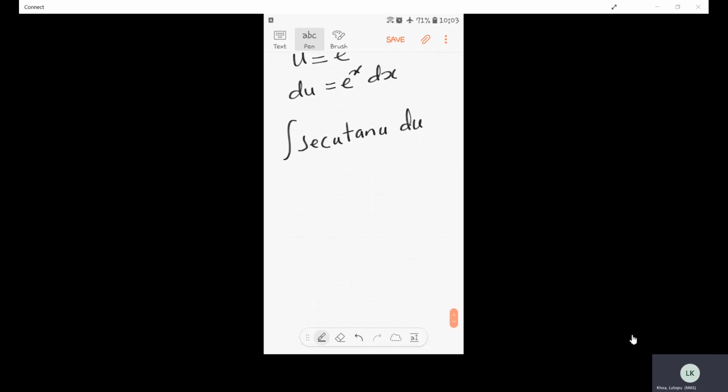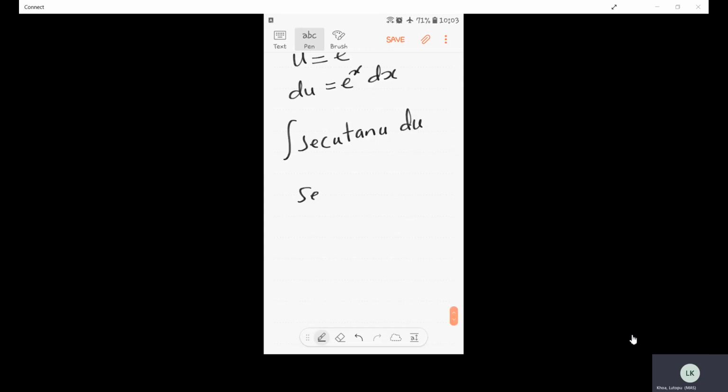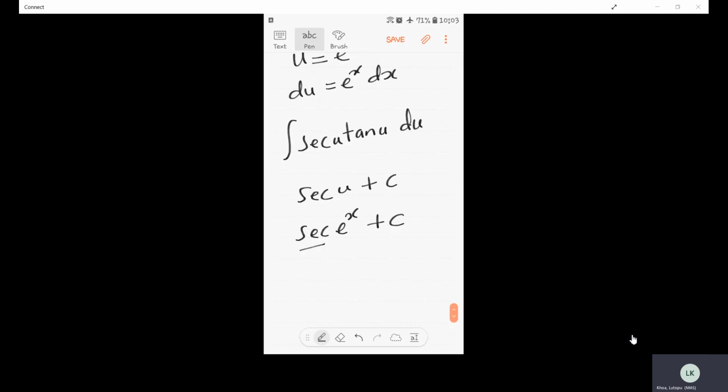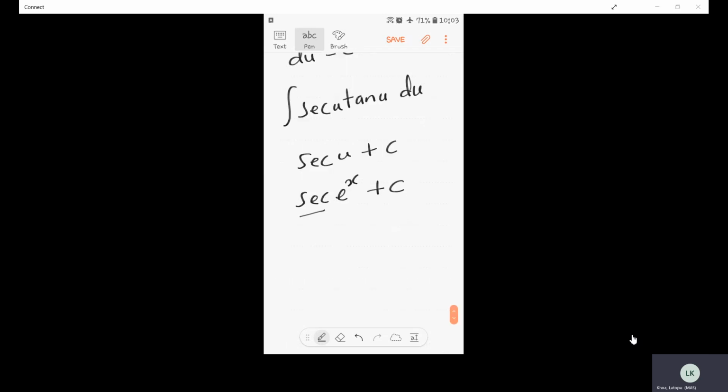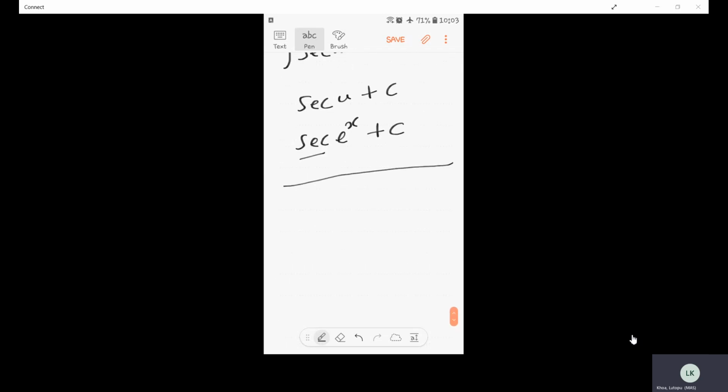Okay, so the integral of sec u tan u is just sec u plus c, and sec u is sec e to the power of x plus c. Okay, that's it. So again, you can do quick differentiation. Differentiate sec, that's on the outside, you get sec e to the power of x tan e to the power of x. Then differentiate e to the power of x, you just get e to the power of x. And the derivative of the constant is 0.